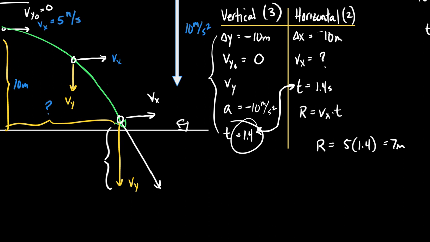No, because how long it takes to reach the ground depended on how tall the building was and whether it was thrown upwards or downwards. The amount of time it takes to fall doesn't depend on how fast you throw it sideways. If I throw it sideways at 5 meters per second, it will take the same amount of time to reach the ground as if I throw it sideways at 10 meters per second. How long it takes to reach the ground just depends on the vertical portion. That's what controls how long it's in the air.